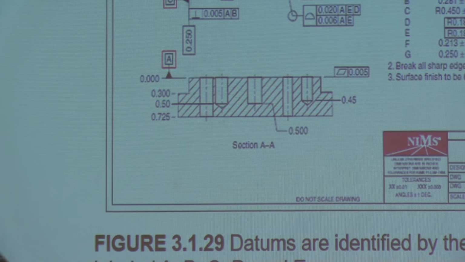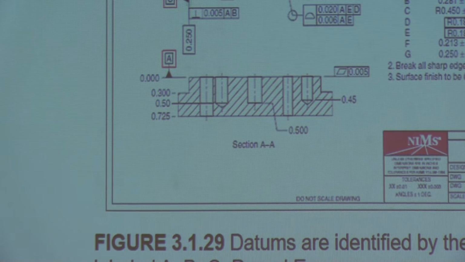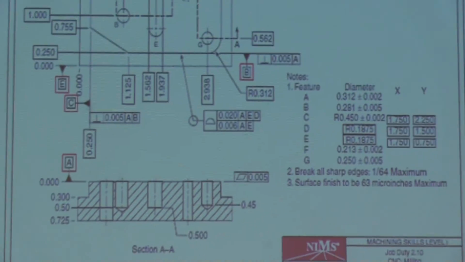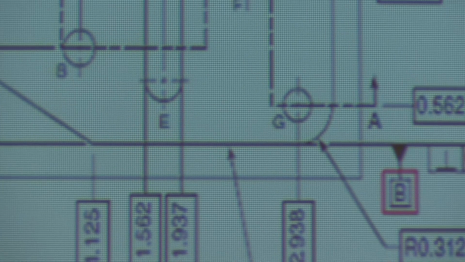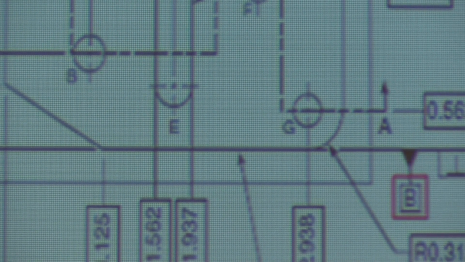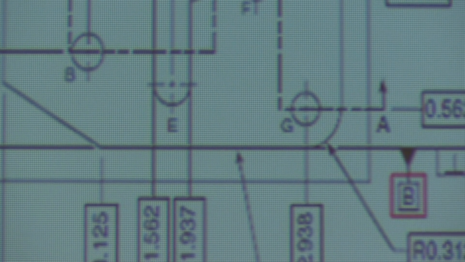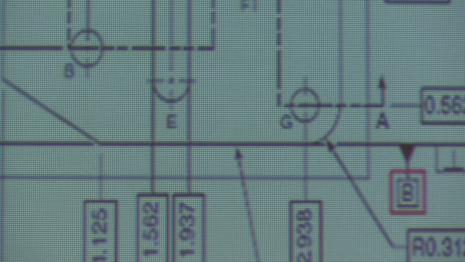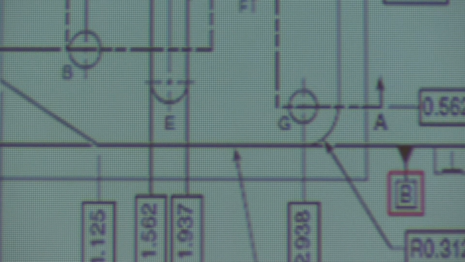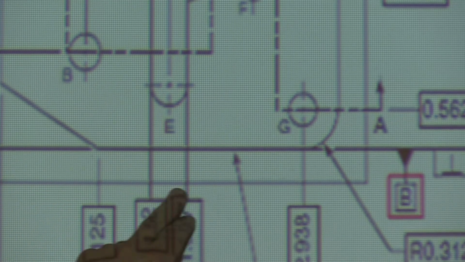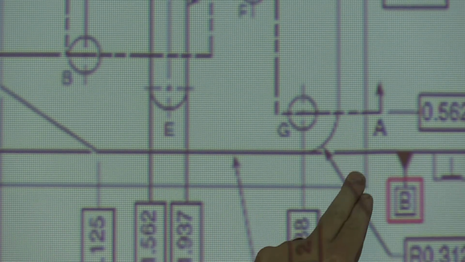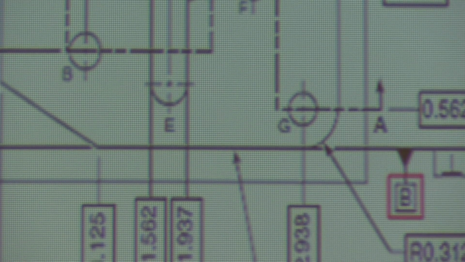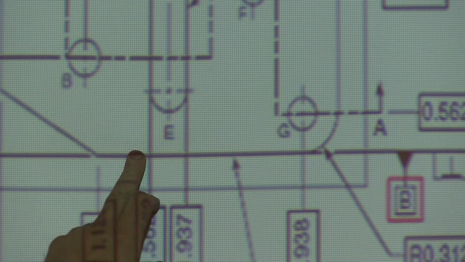All right, we'll go up to datum line B. So datum line B is here on this corner section. And what this is showing us, this is an object line. As you can tell, this outside line here is this bottom section.